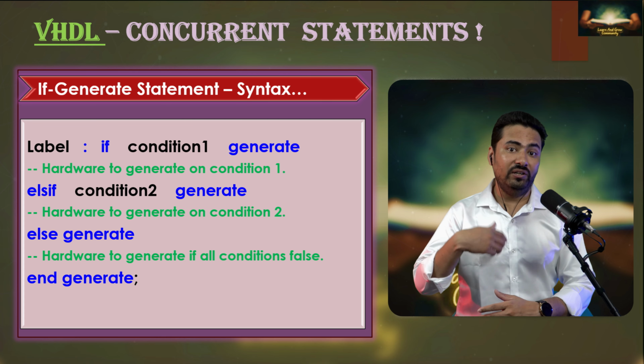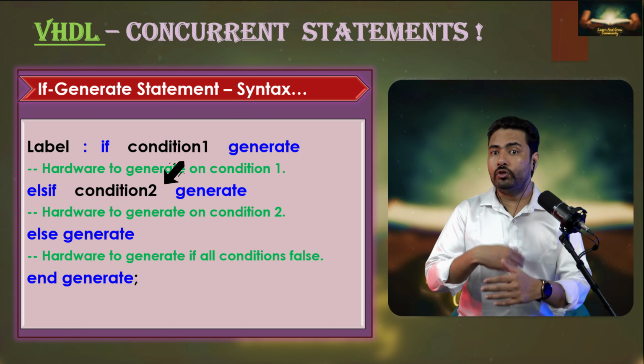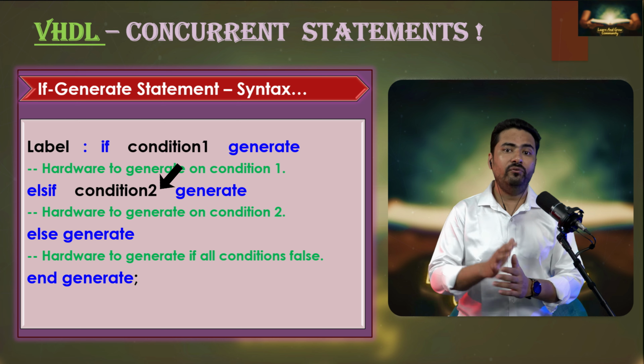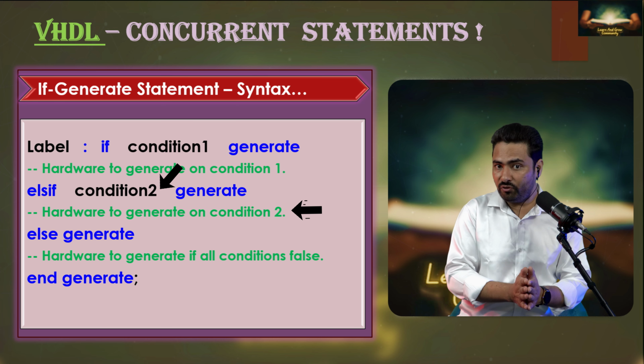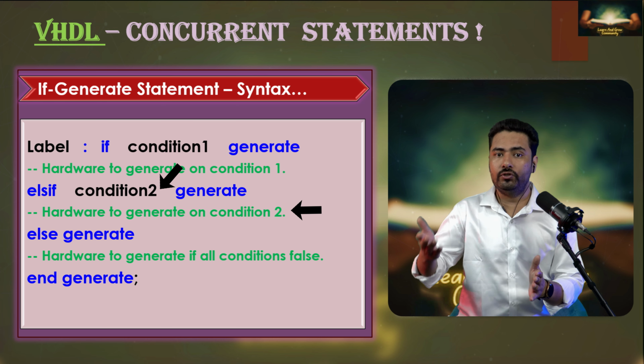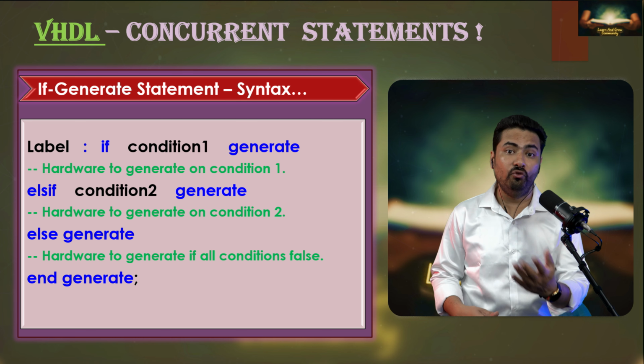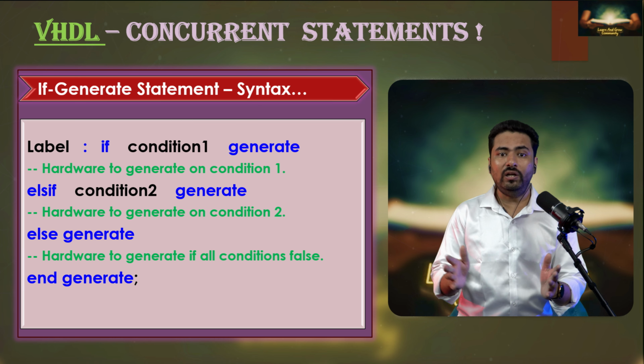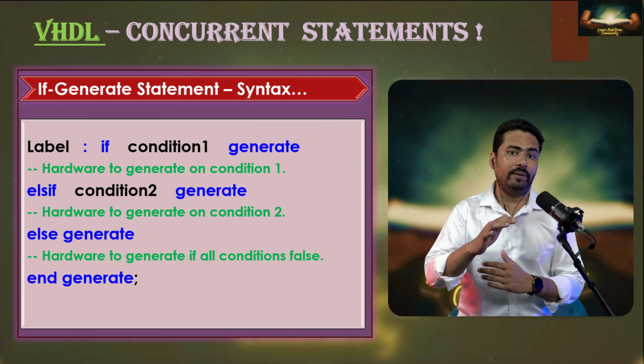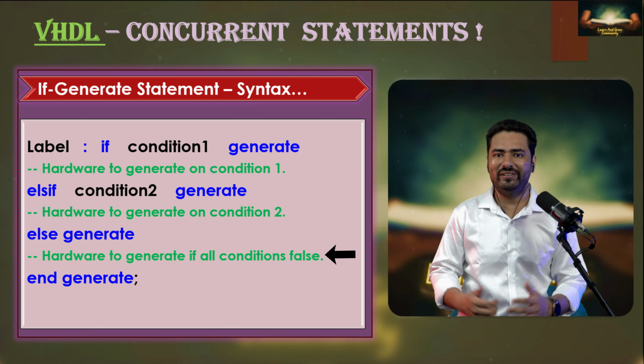But if condition 1 is false and condition 2 is true, then the compiler will generate the hardware specified in the else if condition 2 generate section. And if both condition 1 and condition 2 are false, then the hardware described in the else section will be generated.